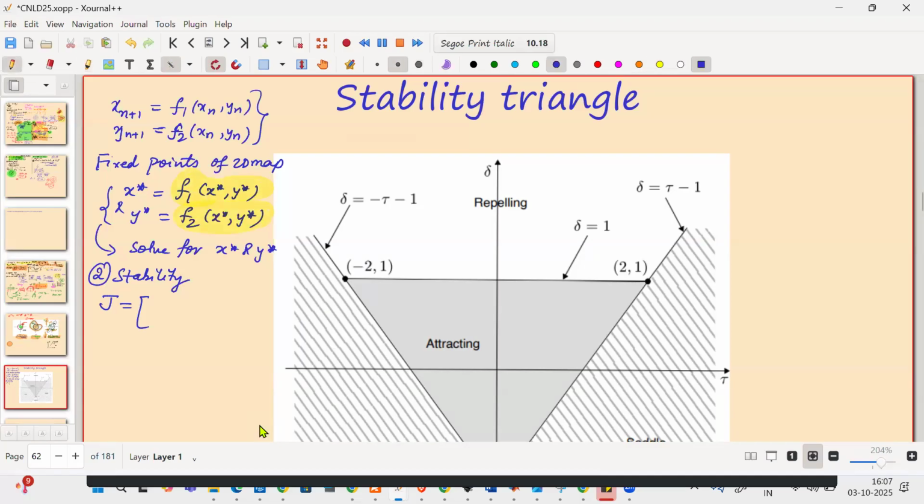You take the first row, dou f1 by dou x, dou f1 by dou y, then dou f2 by dou x, dou f2 by dou y. This is the Jacobian matrix. Fine. This Jacobian matrix you have to evaluate at x star and y star, right?